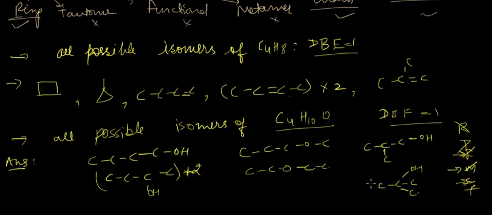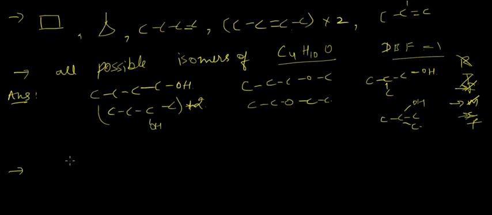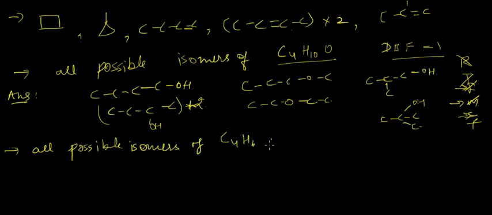Okay, so the last example for this lecture is to draw all possible isomers of C4H6. If you calculate the DBE value, I think the DBE should come out to be 2. Okay, so this is the first one.